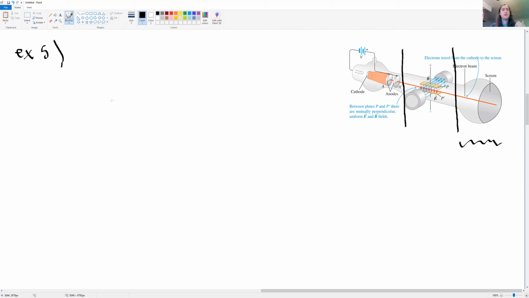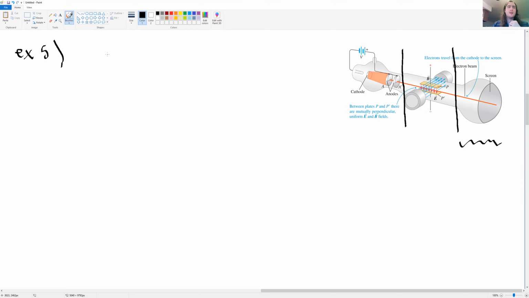You're going to calculate the magnetic field that you need in order to have zero deflection. And then with that magnetic field, how will the electron beam behave if you increase the accelerating potential above 150 volts.